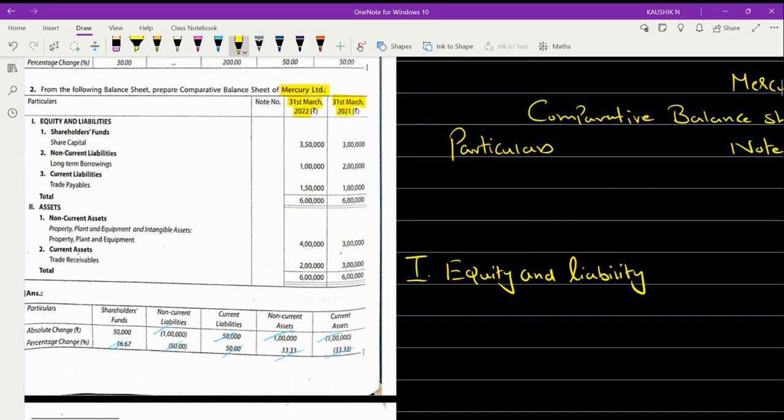Under this, they have mentioned number one, shareholders funds. And under the shareholders funds, they have mentioned share capital.